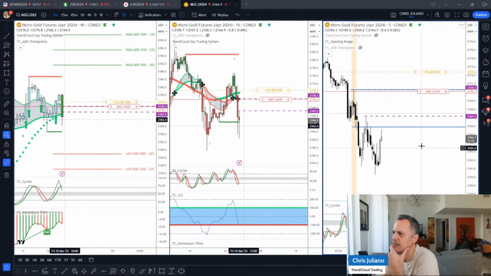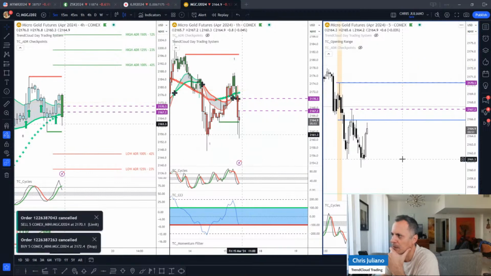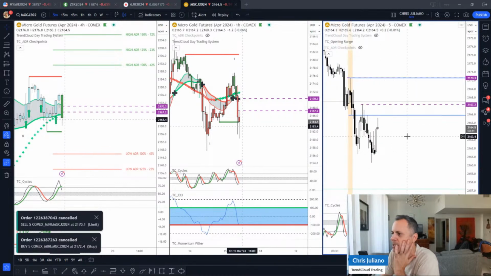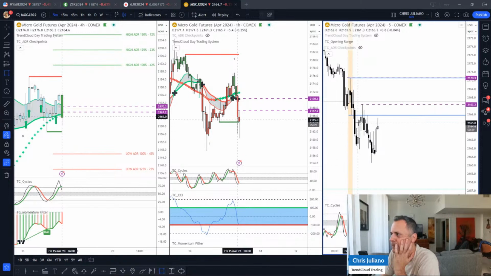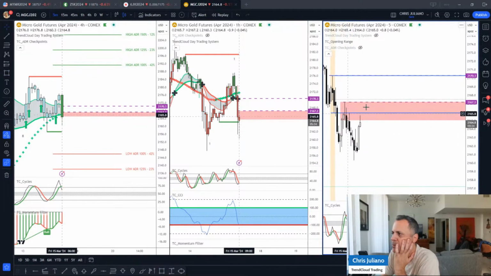So this is going to have to go sideways and just kind of hit it. But we really need to see that structure in place first. I want to see that cross below negative 100 before I see any kind of pullback. Now we are pulling back into this zone.